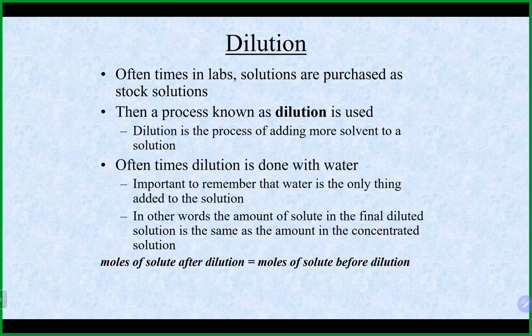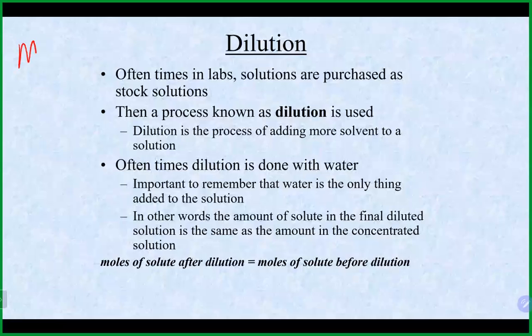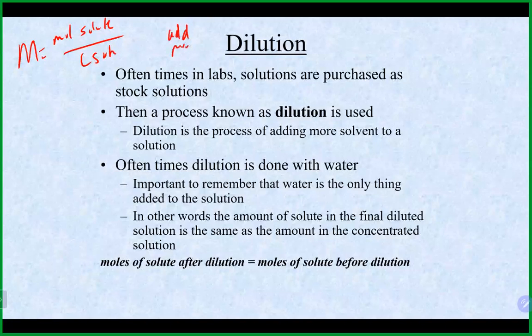The reason it will lower the molarity of the solution is, again, molarity is our moles of solute over liters of solution. So when we add more solvent, that is basically increasing the bottom part here. And obviously when the bottom part gets increased, the molarity will then come down as you're dividing by a larger number.